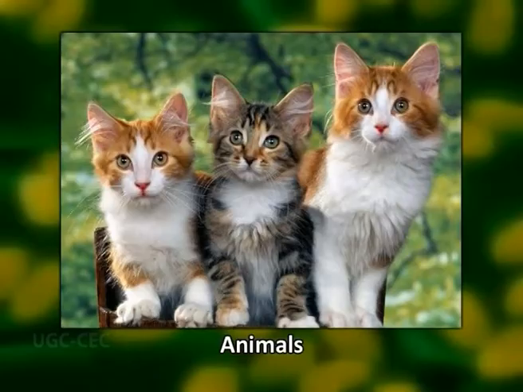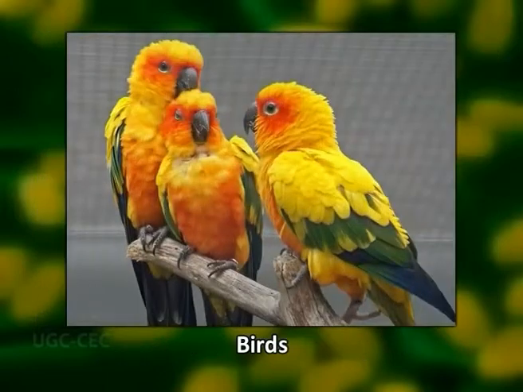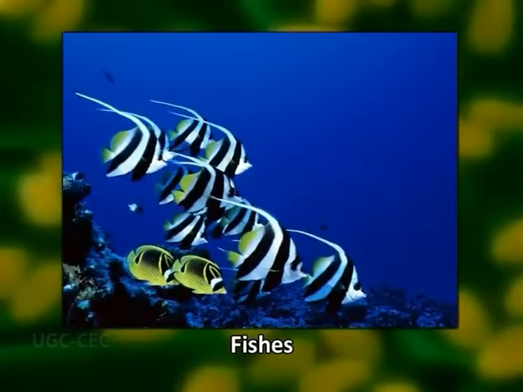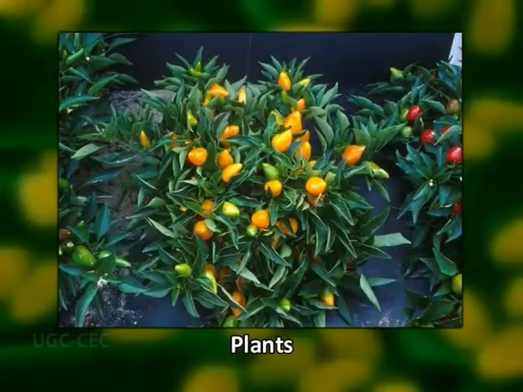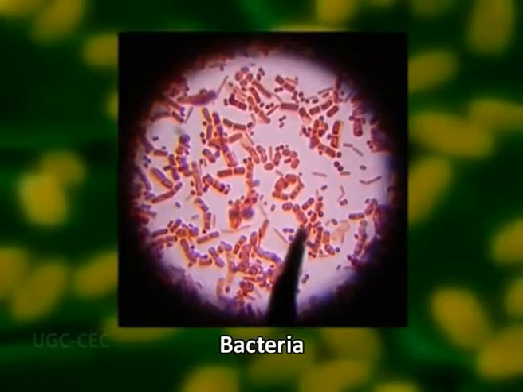These habitats or ecosystems support a rich diversity of living organisms such as animals, birds, insects, fish, plants and other groups of organisms. Bacteria are fundamental to the survival and sustenance of life on earth.